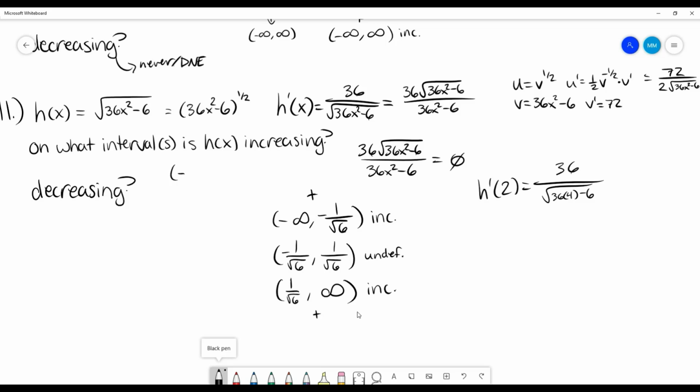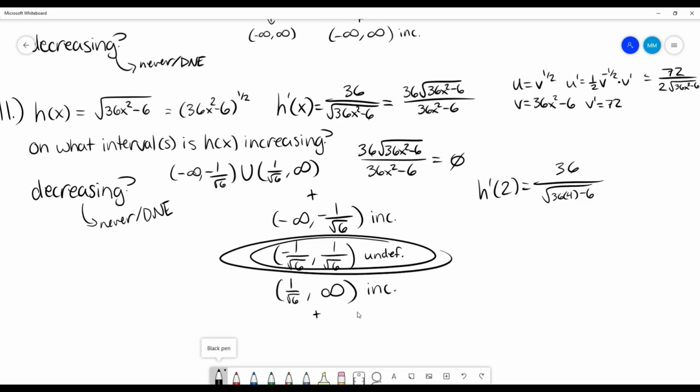Therefore, it is increasing from here and here, decreasing also never, just like the other one, so D and E, and is undefined along this interval.